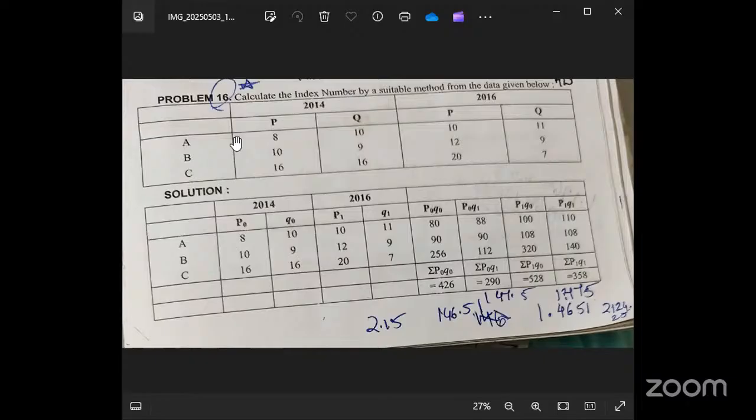Calculate the index numbers by a suitable method from the data given below. Here base year is 2014 and current year is 2016. These are the items or commodities, A, B, C. And you know what is P and what is Q. P means price, Q means quantity.